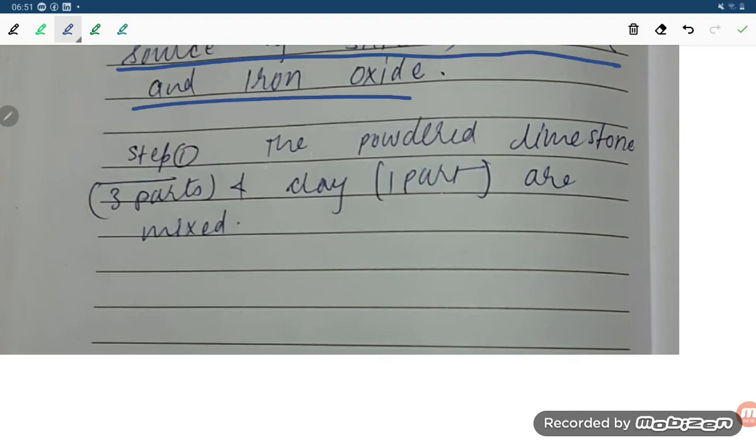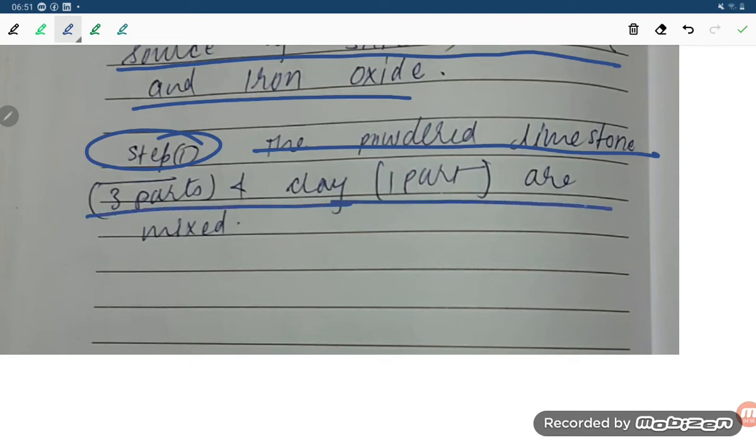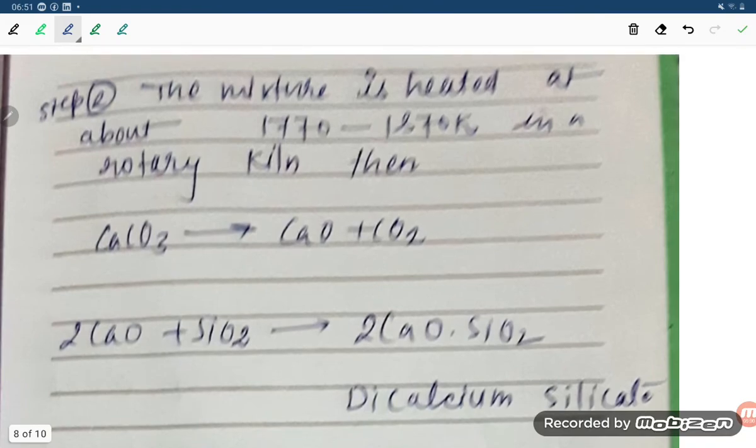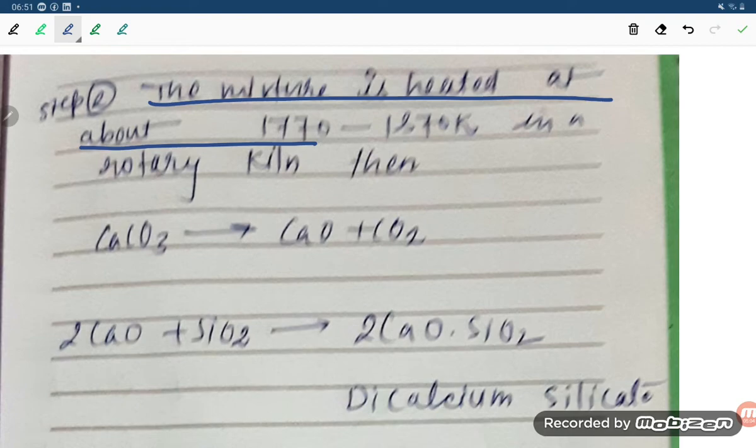The steps involved: step number 1, powdered limestone 3 parts and clay 1 part are mixed. The mixture is heated at about 1770 to 1870 Kelvin in a rotary kiln.